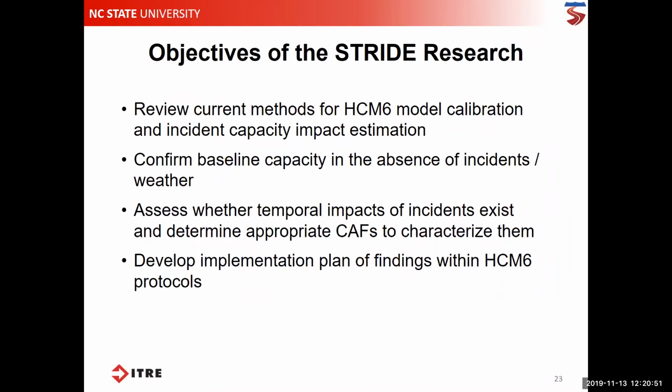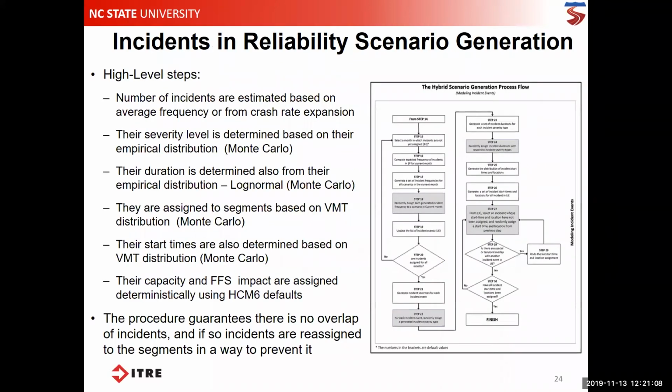Then we assess whether there is a temporal evolution in the impact of incidents when they're occurring in terms of HCM analysis context, and then at the end develop an implementation plan on how we can take these findings and implement them for the users.